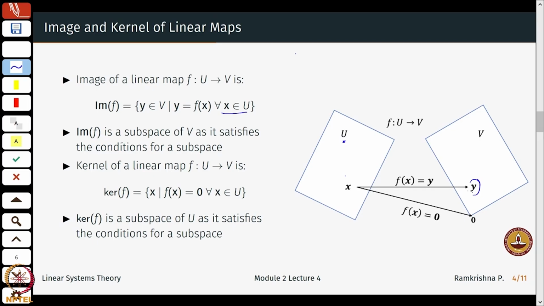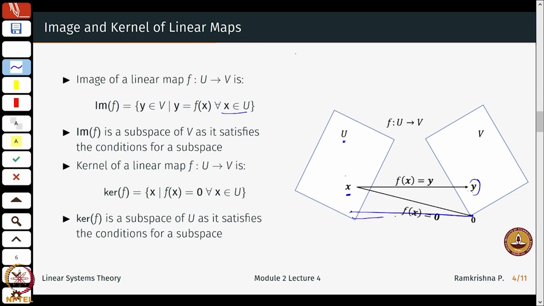Similarly, the kernel of a map is defined as the set of all x's which map to the 0 vector, or the 0 element in V, right. So, the set of all x, there could be several of these x's which can map here.